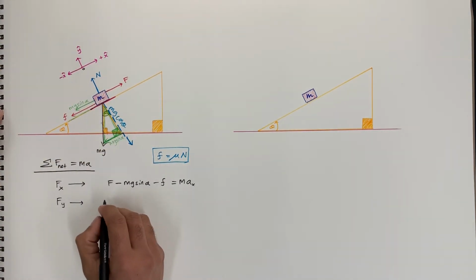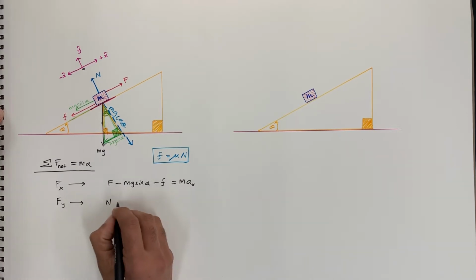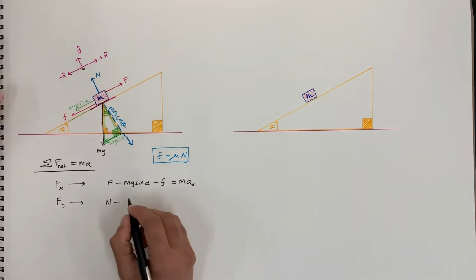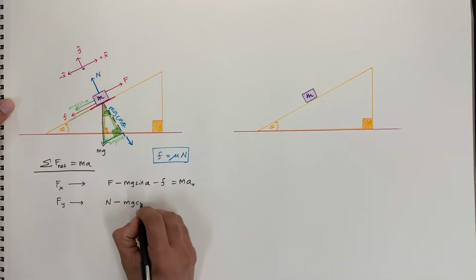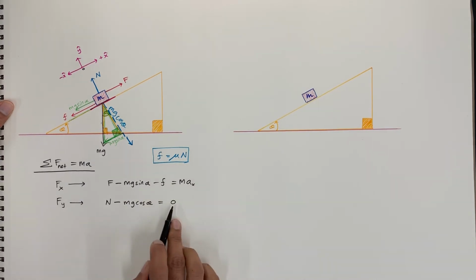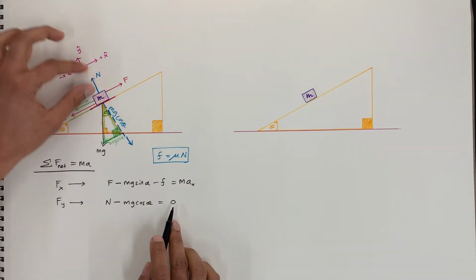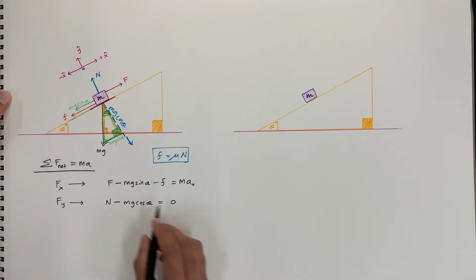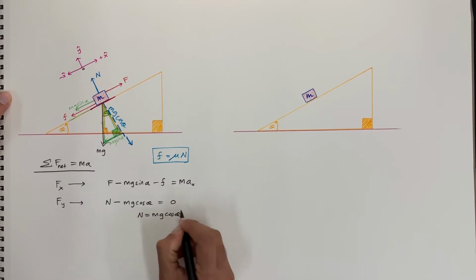And so we have the normal force minus mg cosine theta is equal to 0, meaning they're balanced out, and this is not going to jump up and down. So if we pass the mg cosine to the other side, we got normal is equal to mg cosine theta.